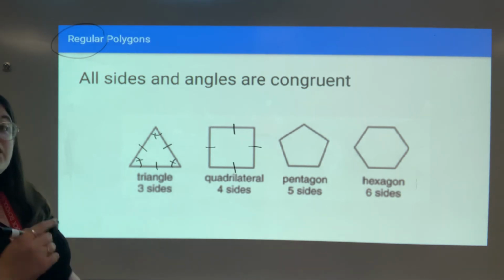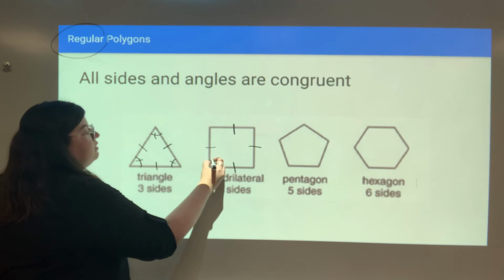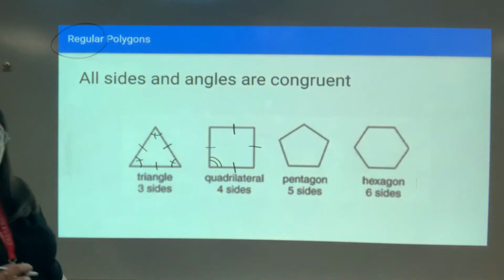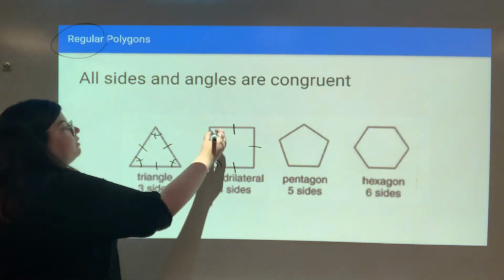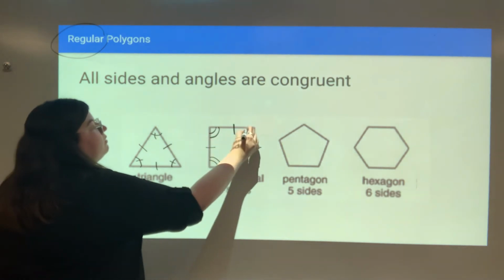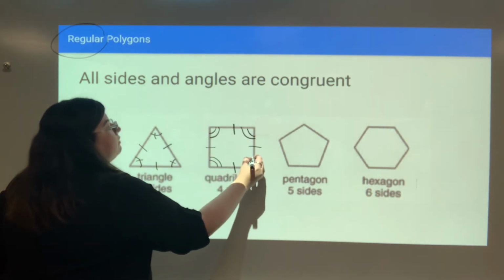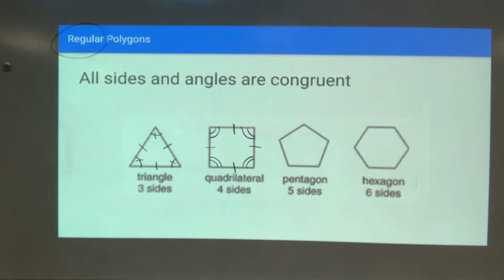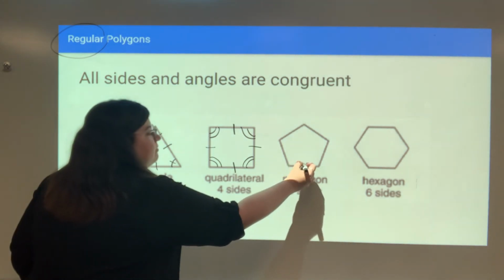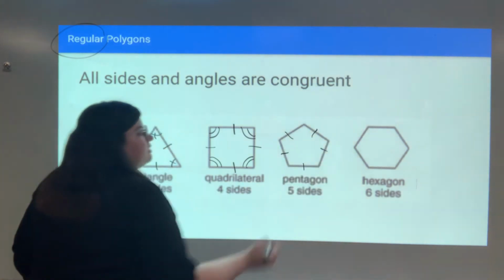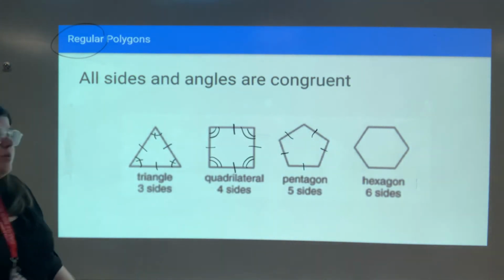Another way that you can mark your angles congruent is by doubling up that little circle thing. So you could either mark them with a slash, or you could mark them with two little circles like that. I will go back and forth between both of these ways often, so make sure you know that, all right? Again, pentagon, same deal. All of these would be congruent, again, with your angles.